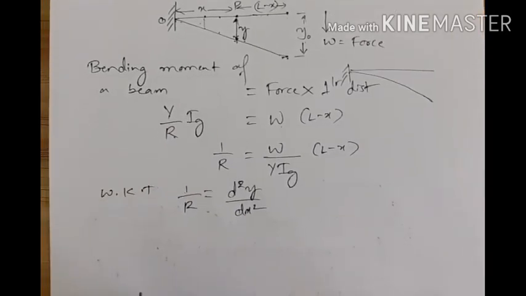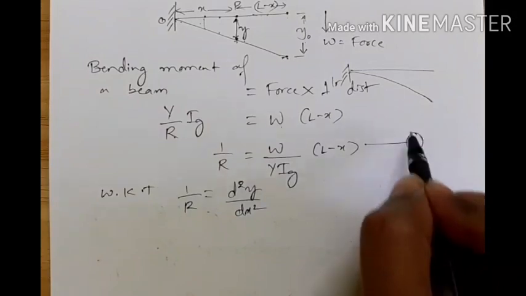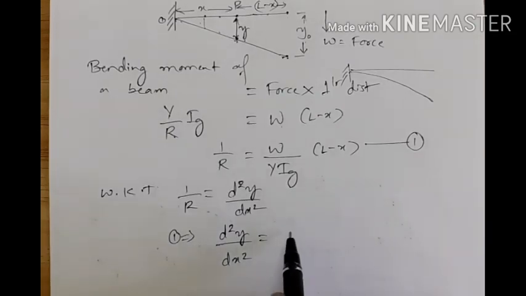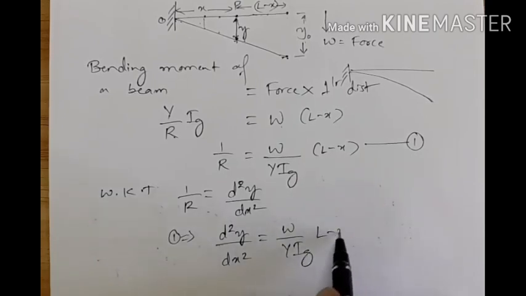Let us substitute that, so equation number 1 becomes d square y divided by dx square is equal to W divided by Y Ig into L minus X.